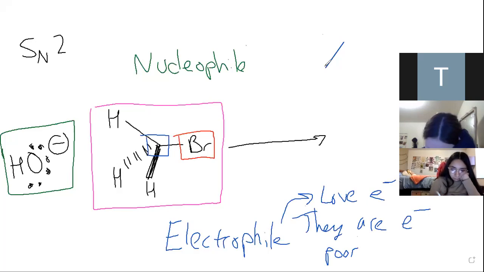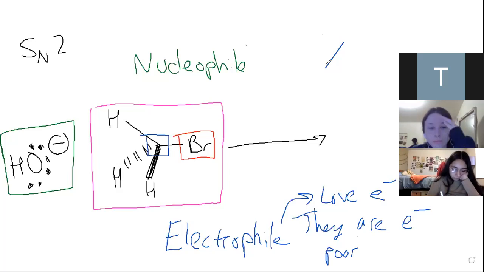And typically, what element are we going to say is an electrophile? This being organic chemistry. Carbon? Carbon. Carbon is more often than not our electrophile, particularly at this level of organic chemistry. So electrophiles love electrons. They are electron poor.